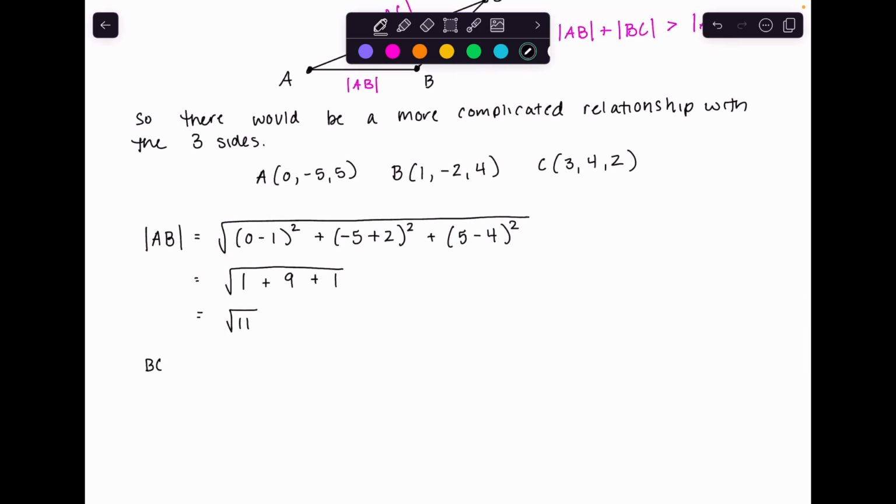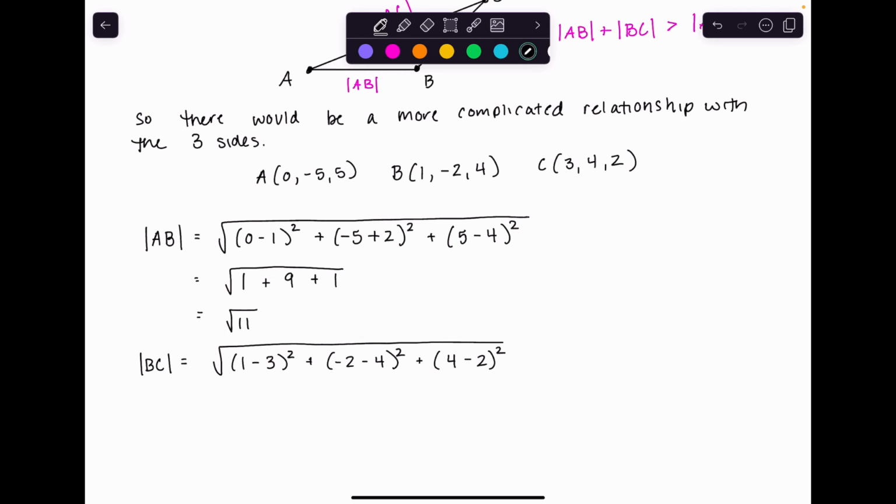Now if I find the distance from B to C, same thing, the difference in x values is 1 minus 3, the difference in y values, negative 2 minus 4, and then the difference in z values, which is 4 minus 2. So going through that, 1 minus 3 is negative 2.